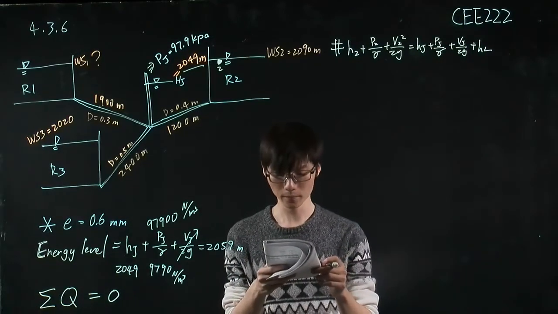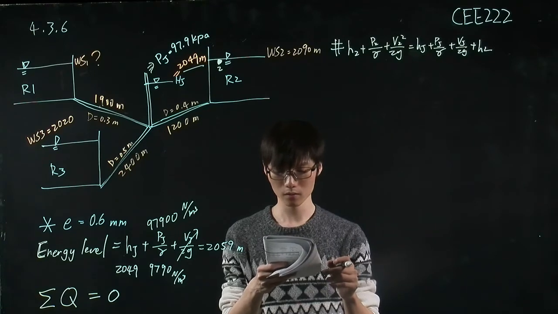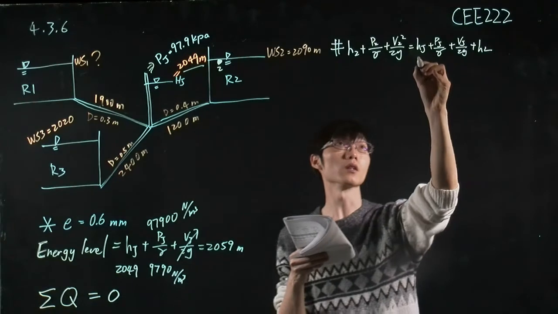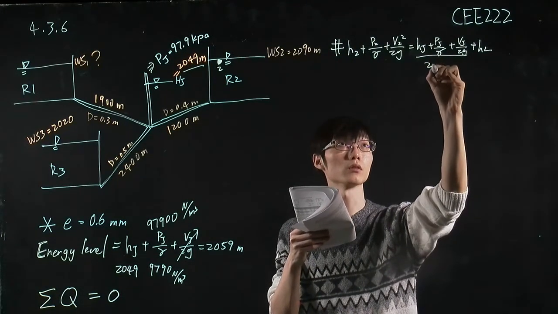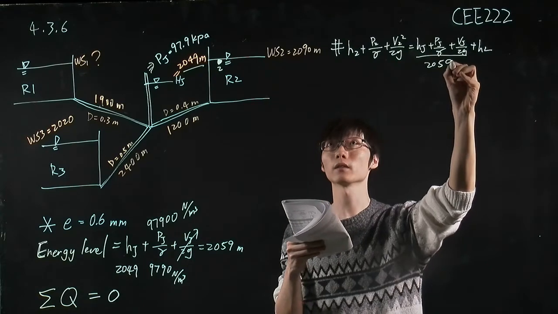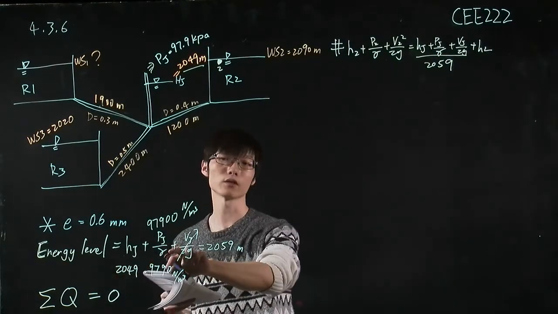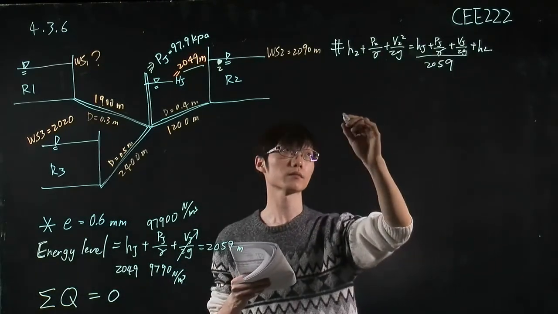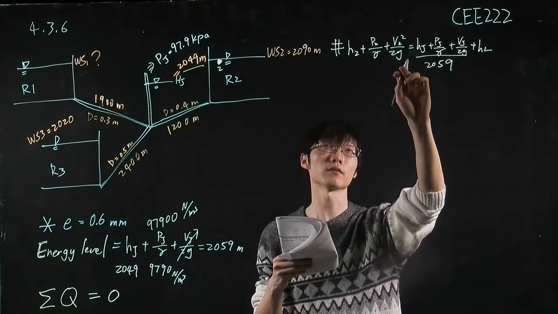And we know this term is 2059, which we just calculated as the energy level at the junction. And for the HL, let me simplify this term first.